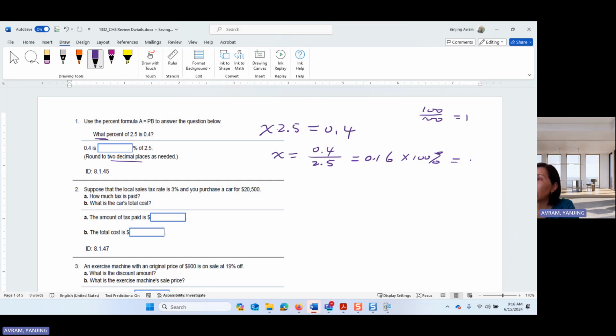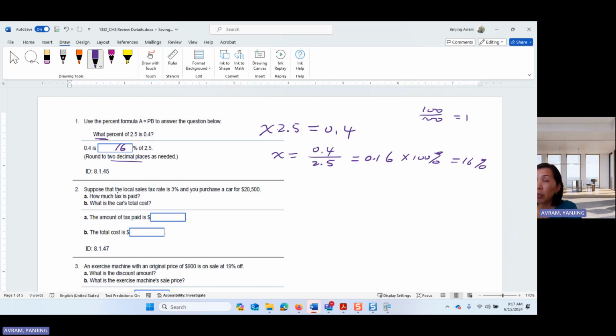Everything times 1 is still equal to itself. So I move using the 100 times 0.16 and keep the percentage in here. So 0.4 is 16% of 2.5. Okay, so that is our first question. Just simply calculate a percentage.